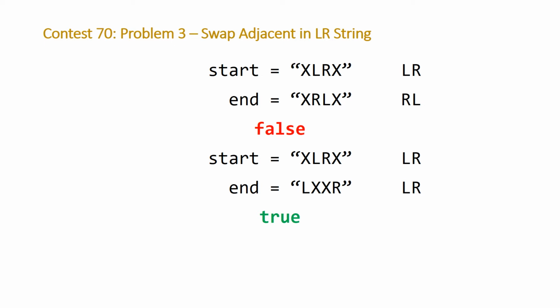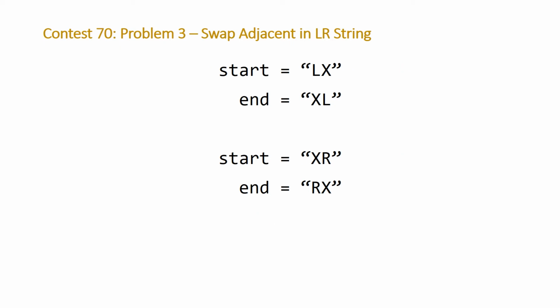So there's a couple more examples we need to look at to inform the second half of our algorithm. And we can see here that although the order of our L's and R's are the same, for the first example it's just one L and the second example is just one R. Because we can only move L's to the left and R's to the right, we always have to have a greater number of L's in our start string up to a certain character I when looking at both start and end.